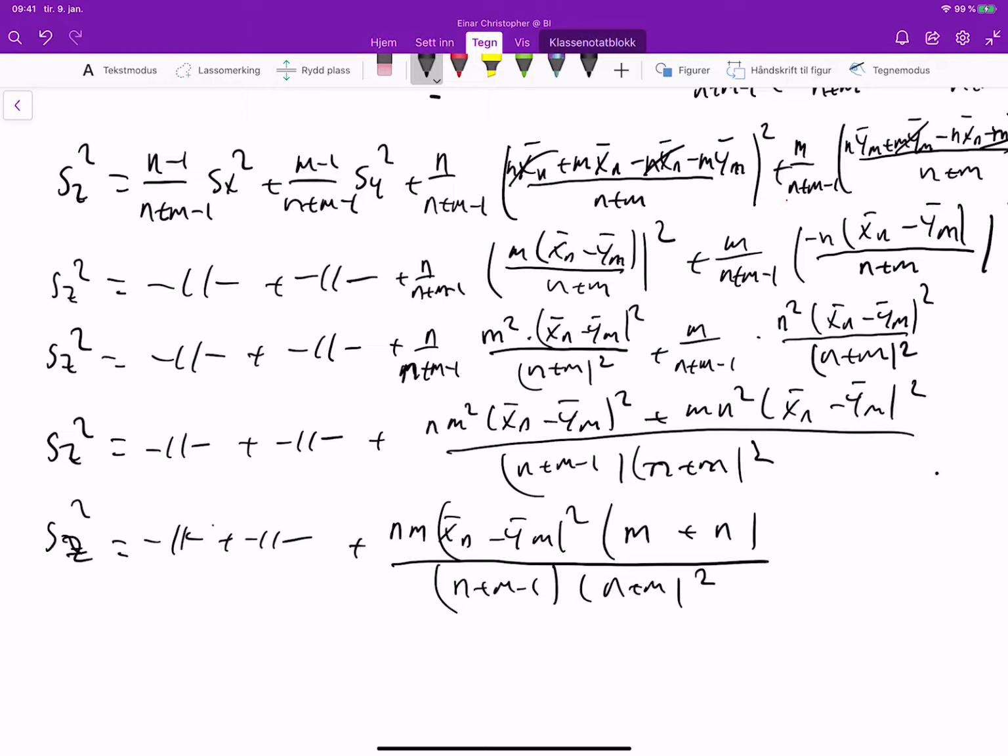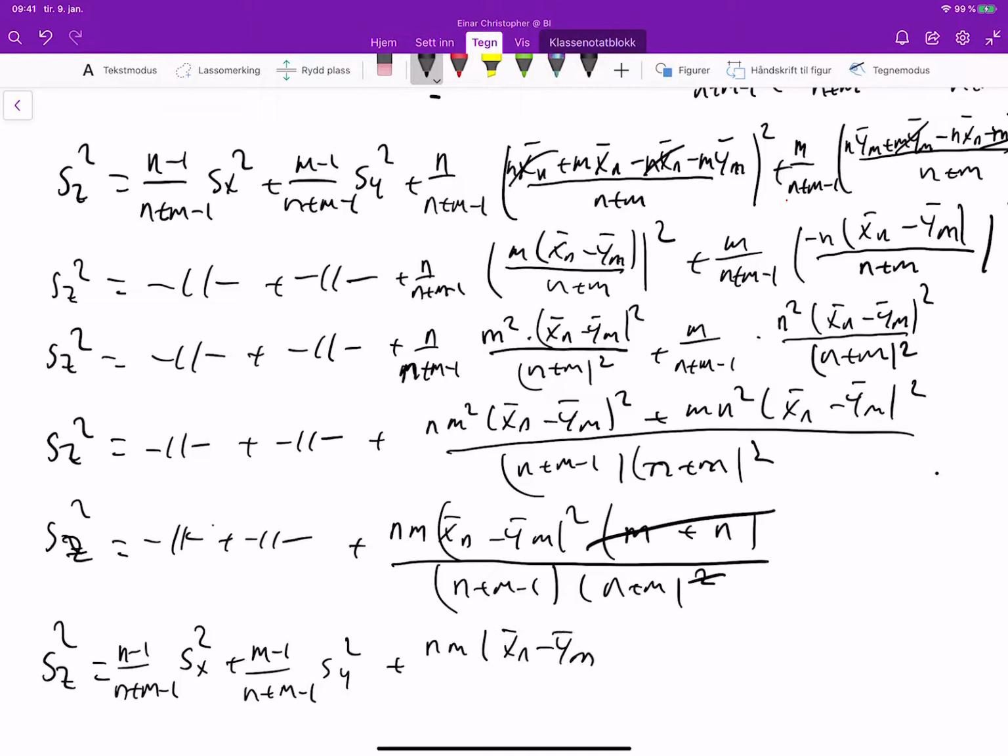And then we can see that we can cancel out one of this with one of this, and we have the desired result, which is that the empirical variance of the set is equal to n minus 1 divided by n plus m minus 1 sx to the power of 2 plus m minus 1 divided by n plus m minus 1 sy to the power of 2 plus nm times xn bar minus ym bar to the power of 2 divided by n plus m minus 1 times n plus m, which was what we were supposed to show.